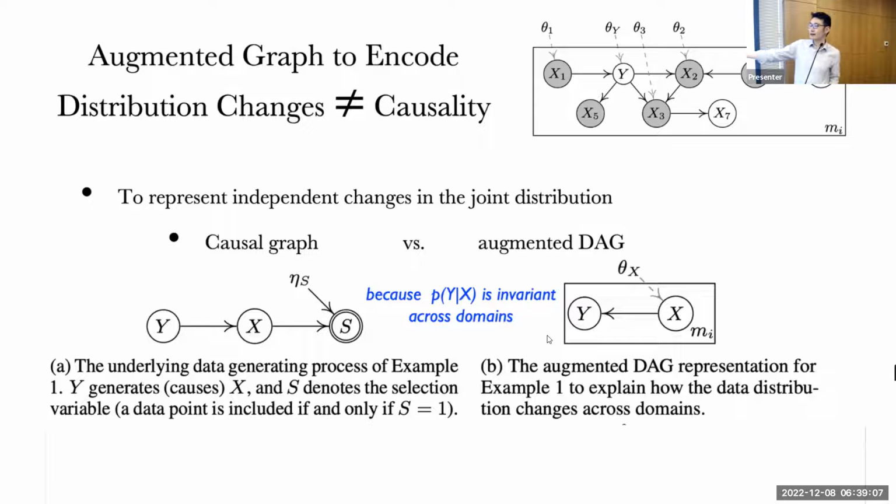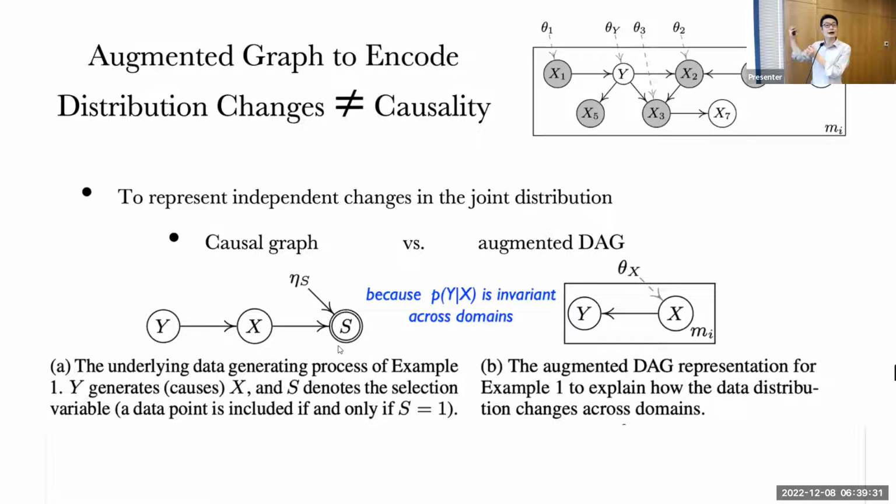Here, let me give one example. Suppose this is the true underlying process. Let Y be disease and X be symptoms. Now, clearly, disease will cause symptoms, right? And you can assign different patients to different clinics according to symptoms. So S is the selection variable. If S is 1, I just send this patient to the first clinic.